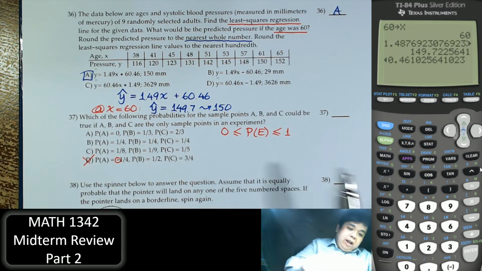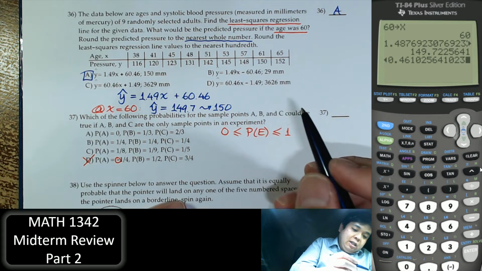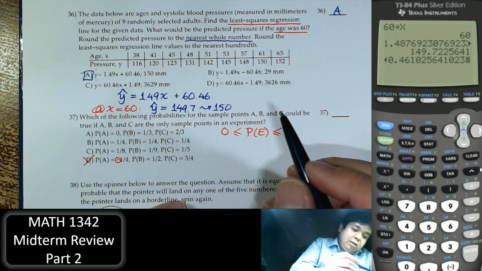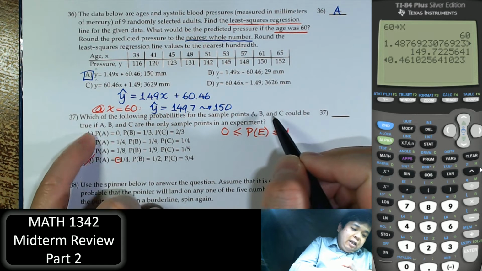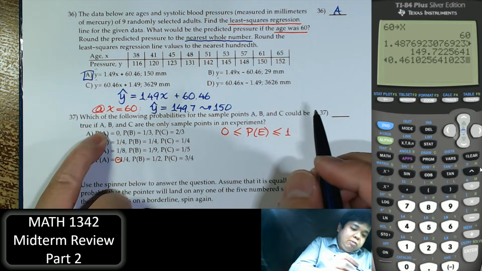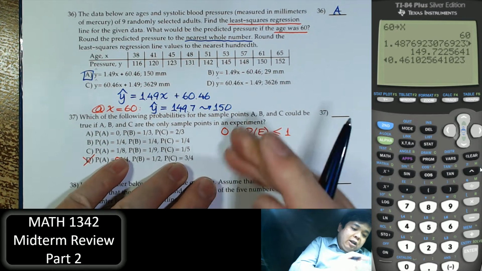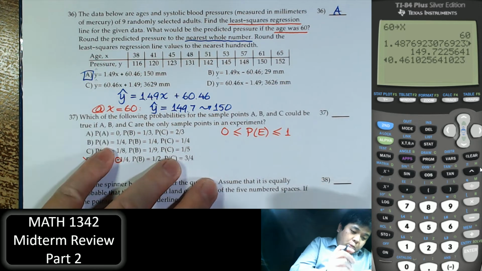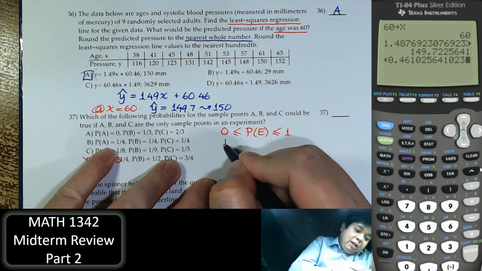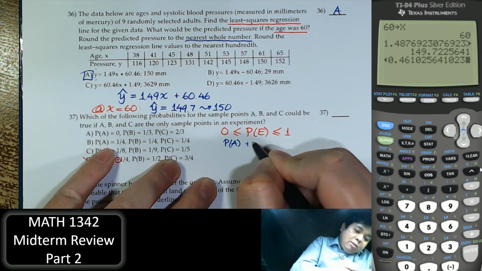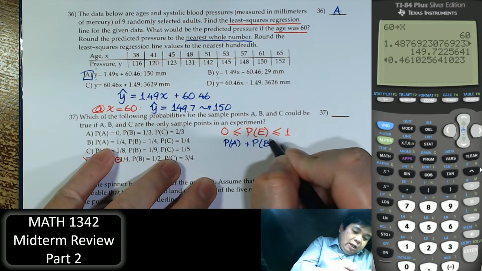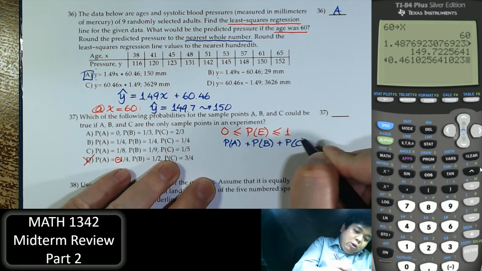Next. If we have only A, B, and C as the sample points, then the probability of A plus probability of B plus probability of C must be equal to 1.